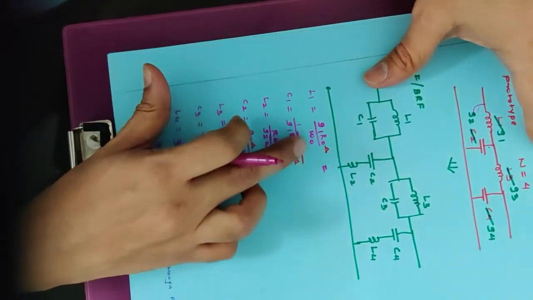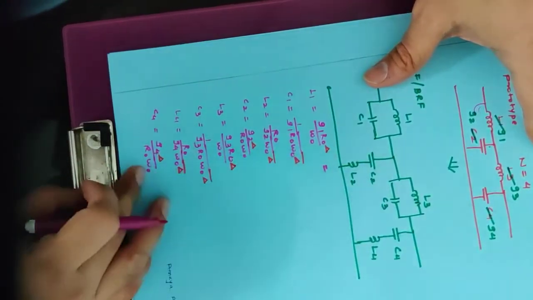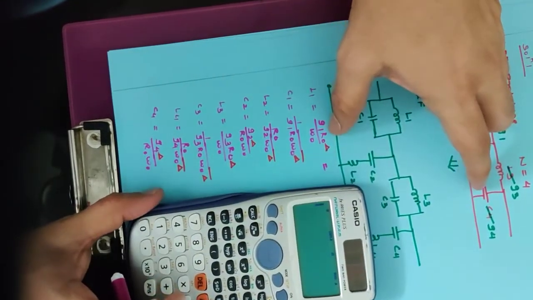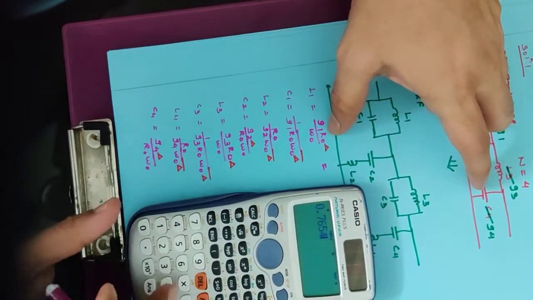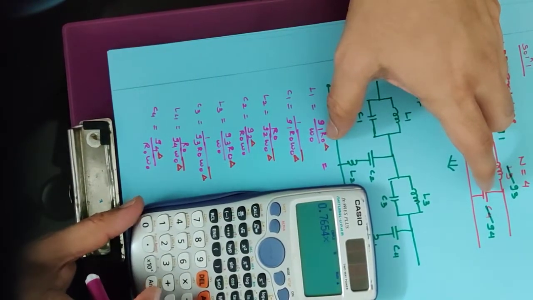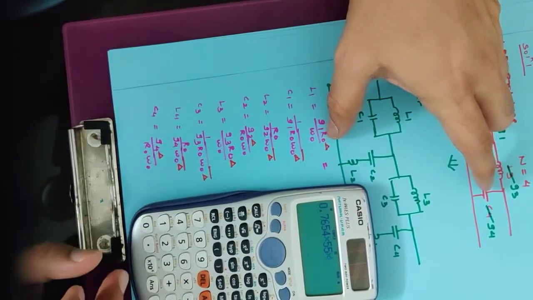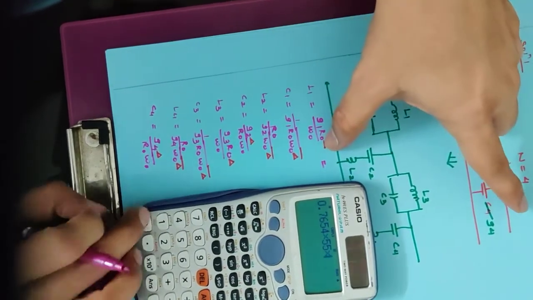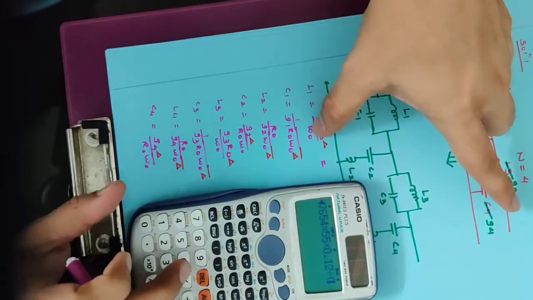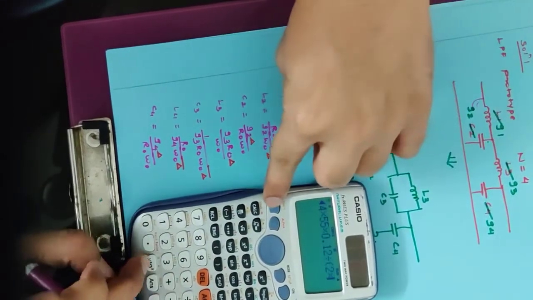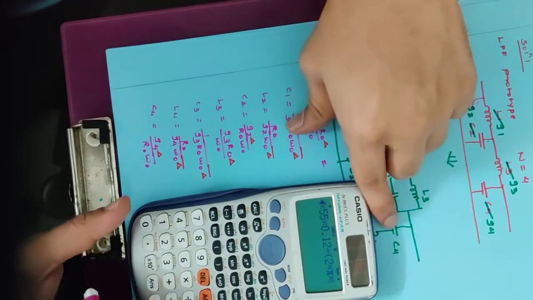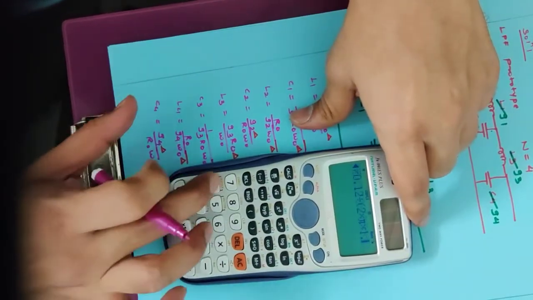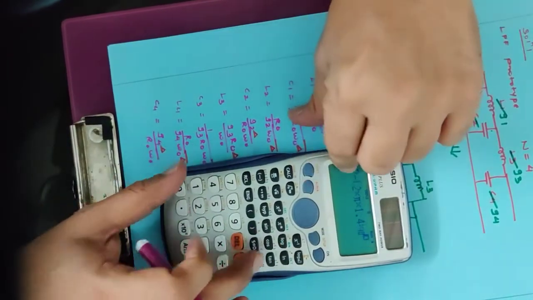So I will show the calculation only for the first element, and remaining calculation you can easily do. So L1 is G1, 0.7654, into R0, 55, into delta 0.12, divided by omega naught, so 2 into pi into f naught, and f naught is mentioned as 1.4 gigahertz, so 1.4 into 10 to the power 9.